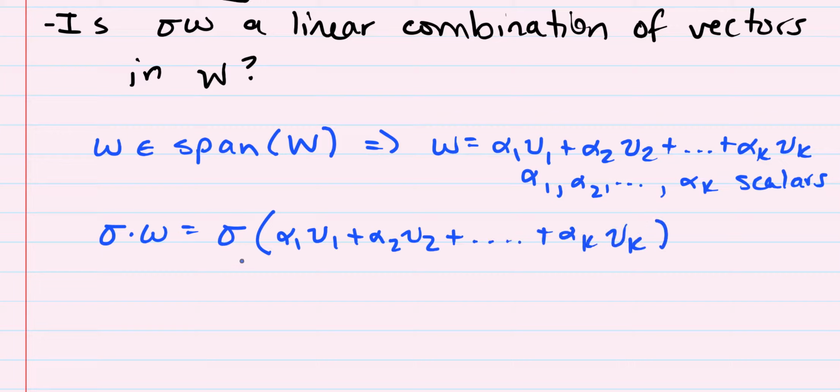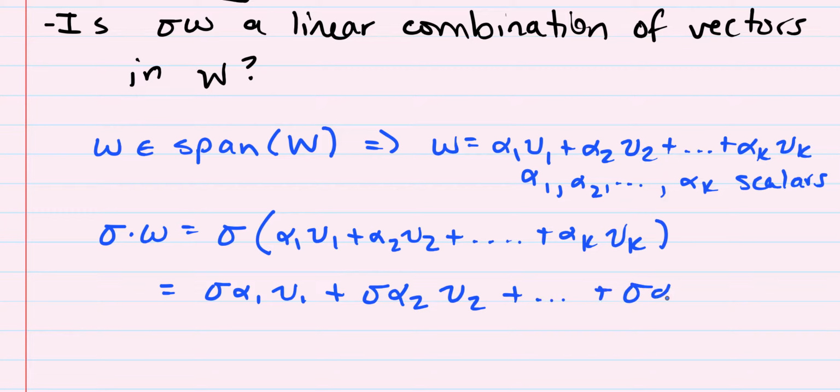This sigma, remember, part of the rules of a vector space is if you have a sum of vectors and they're being multiplied on the outside by a scalar, you can send that scalar into everything. It distributes. So this is sigma alpha 1 V1 plus sigma alpha 2 V2 all the way to sigma alpha k Vk. I'll put parentheses around this.